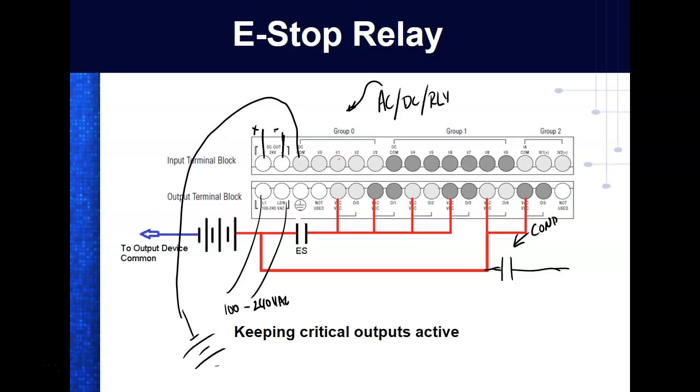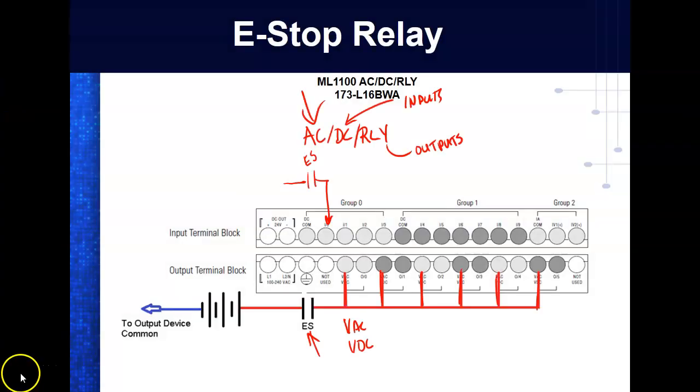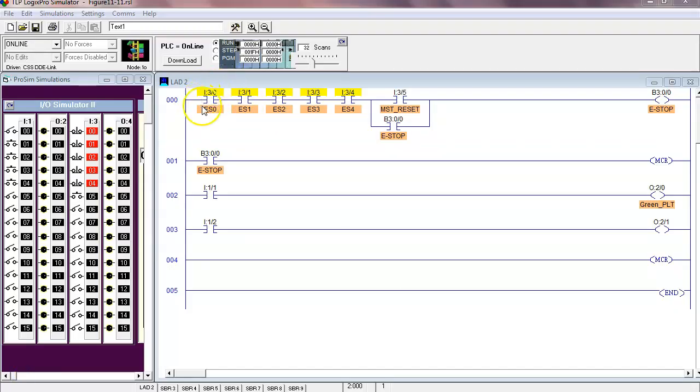Okay, let's take a break, guys. So what did I tell you I was going to do? What I've done here is I've simulated a hardwired circuit. And then all you'd have to do is just sacrifice one input for your MCRs, right? And so this would be my master reset, which would be over here.